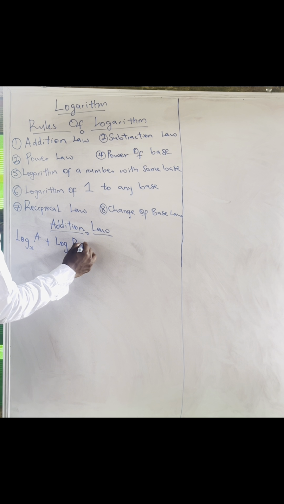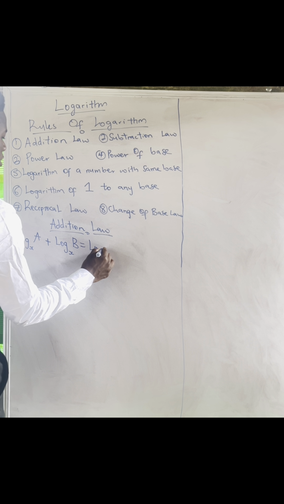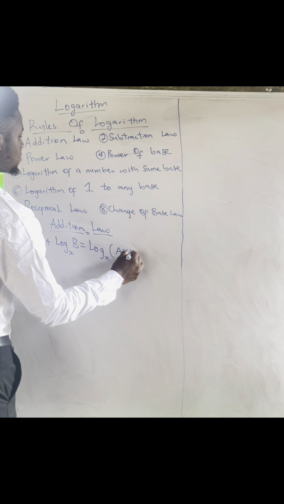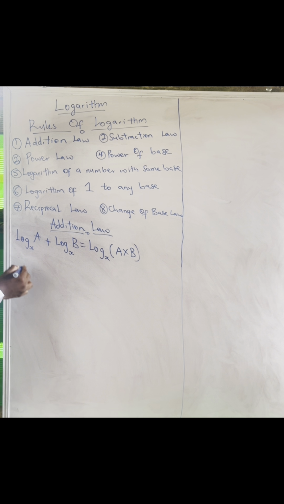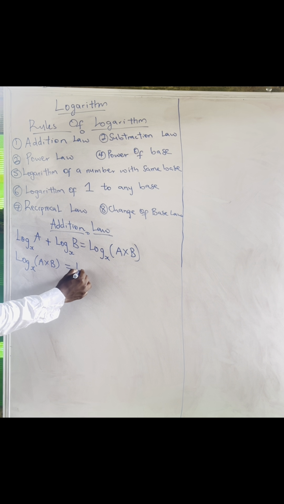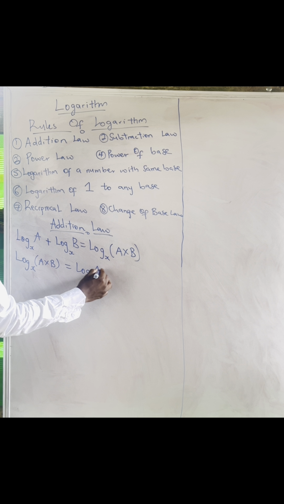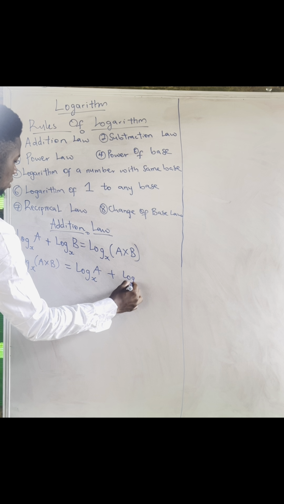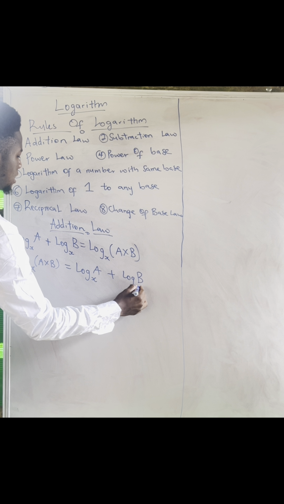This can be written as log base x of a times b. Also, log of a times b base x can be rewritten as log a base x plus log b base x.